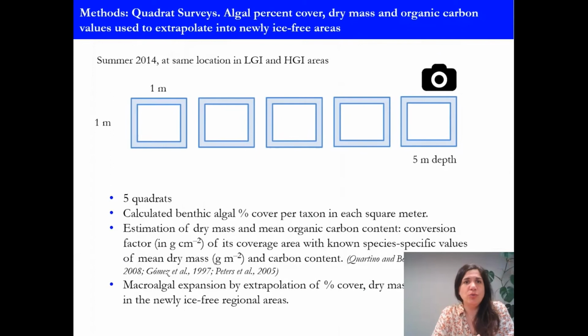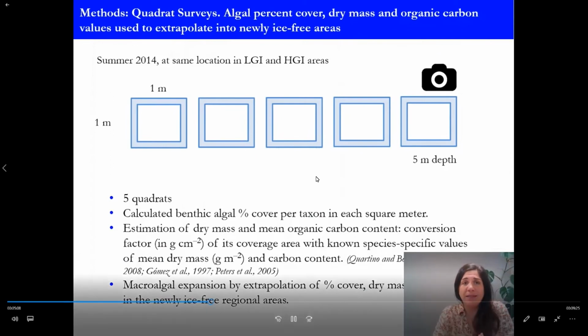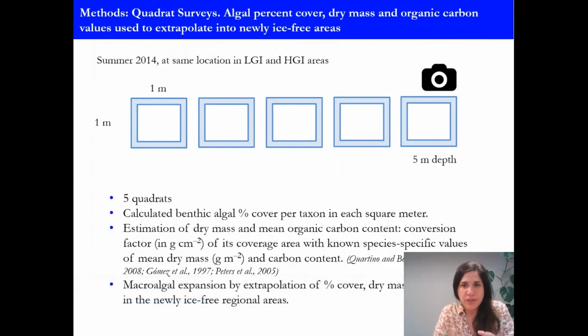Also, to extrapolate the algal percent cover, dry mass, and organic carbon into all the newly ice-free areas that originated during the glacial retreat, we did quadrat surveys at 5-meter depths in the low glacial influence area and in the high glacial influence area.